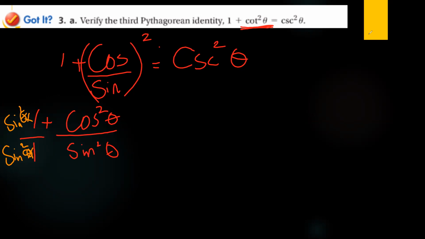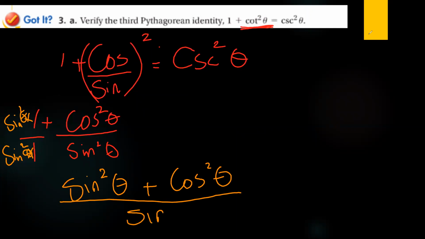Then sine squared times 1 is sine squared plus cosine squared over sine squared. Then sine squared plus cosine squared is 1, so it is 1 over sine squared of theta.